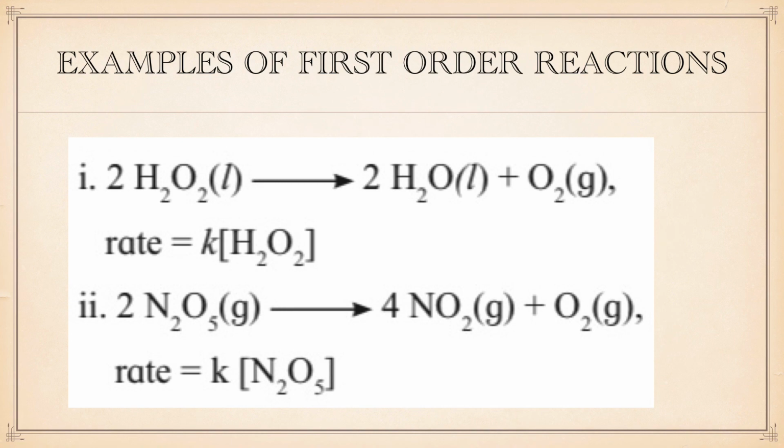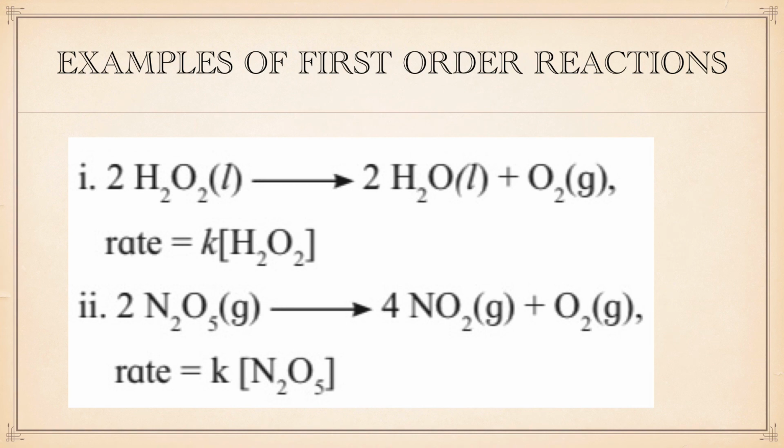Next one, similar to the first one, is the decomposition of N2O5. Over here the reaction is 2N2O5 gives 4NO2 plus O2. So the rate for this reaction is given by, rate is equal to k molar concentration of N2O5 raised to 1. So both these are examples of first order reaction.